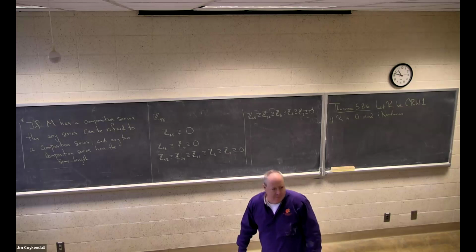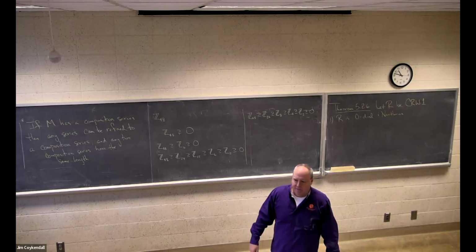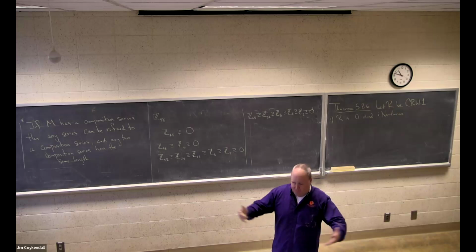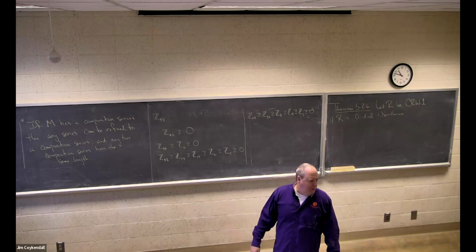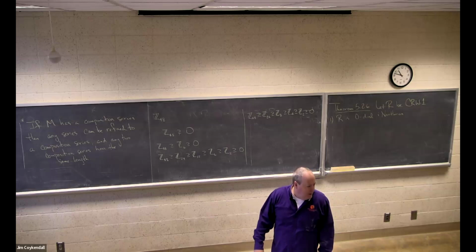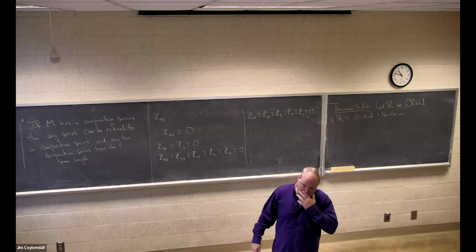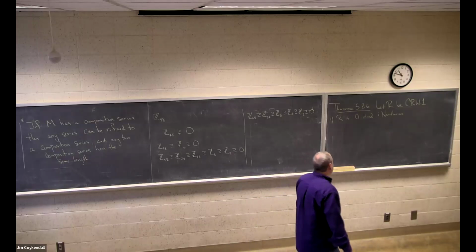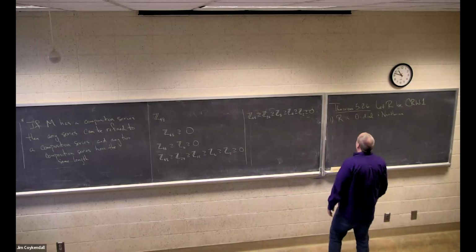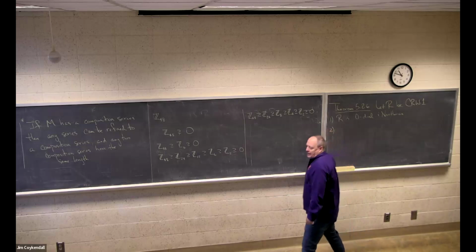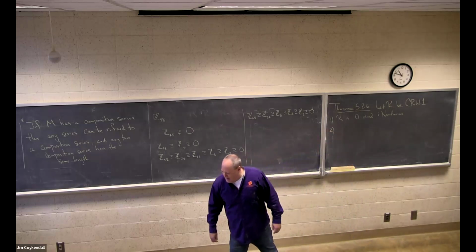Artinian is pretty strong. At the beginning, you would think, how can they be different, right? Ascending chain, descending chain, who cares what direction you're going? Well, you do have a zero. We will answer this question in this theorem here.